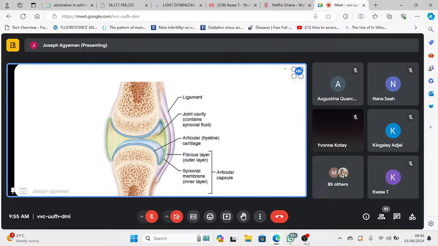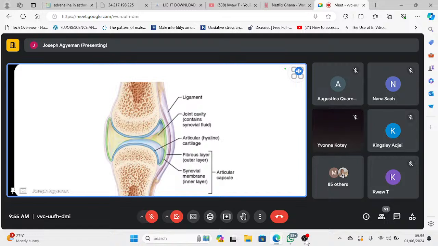When this happens, we say that the person is suffering from osteoarthritis, distraction in the structures of the joint, for example, the cartilage or the ligament or the synovial membrane, leading to the two bones that constitute the joints coming together very close. At times, they can even touch each other. So you are losing the joint space.